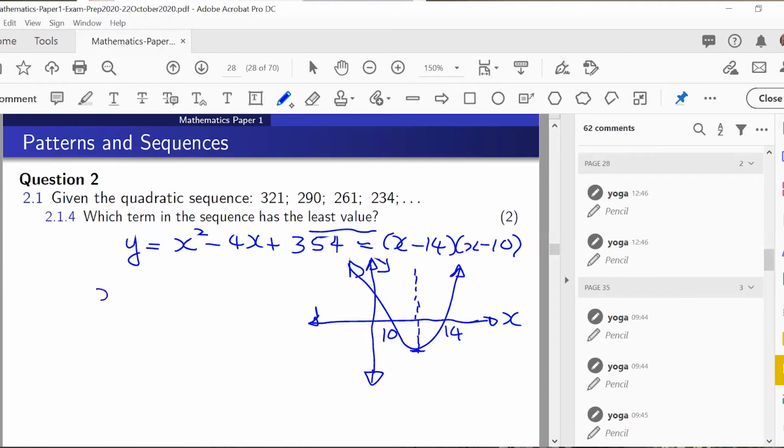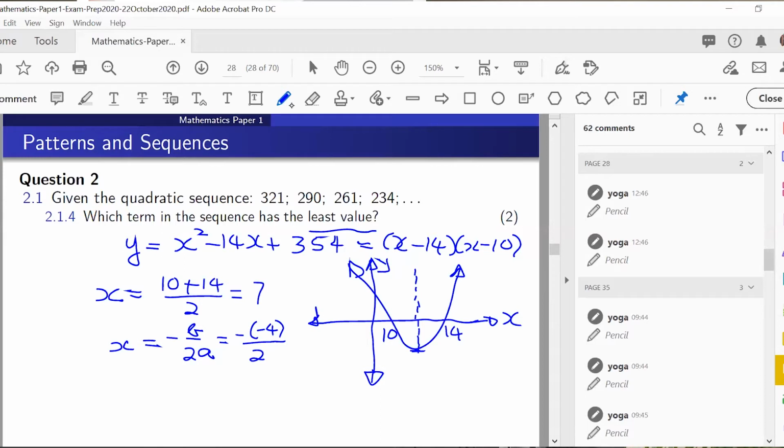So by using this graph, we can say that value is n or x because we are using x. X will be 10 plus 14 divided by 2, which is 12. Or we can say, since it corresponds to the turning point, x is minus b all over 2a, and here we have got minus minus 34 all over 2. I'm sorry, I made a mistake again.